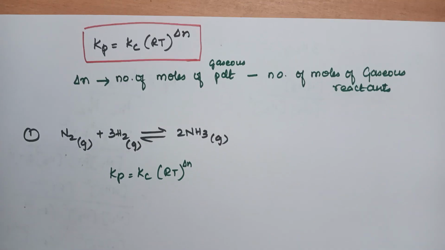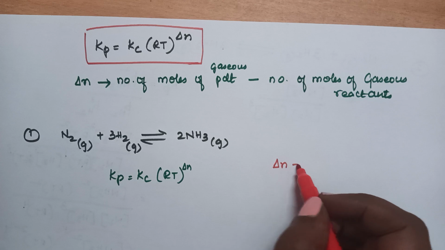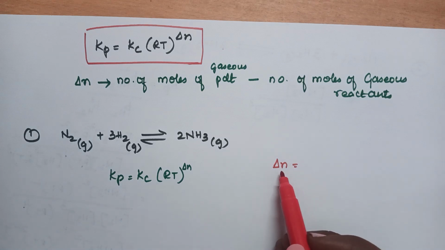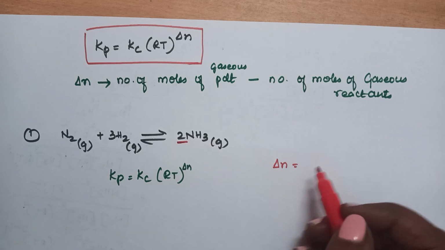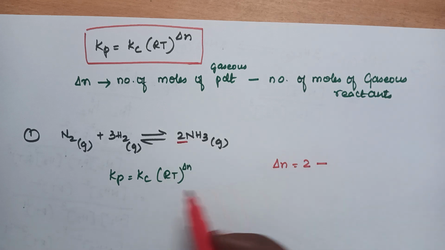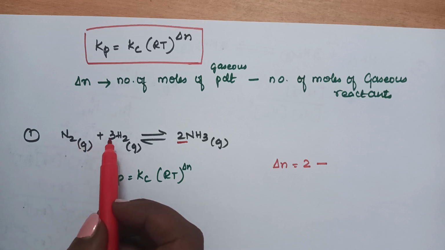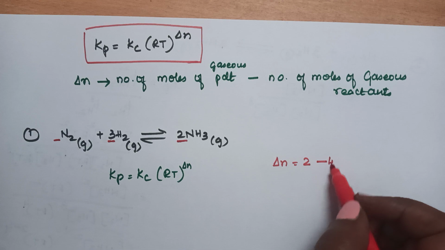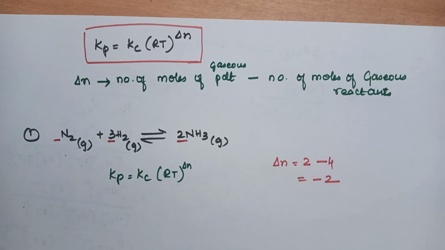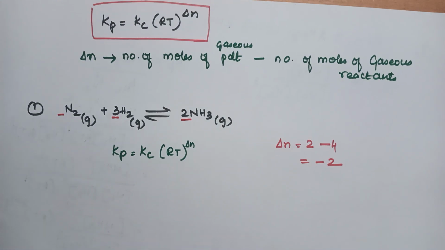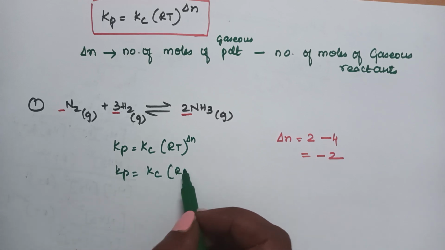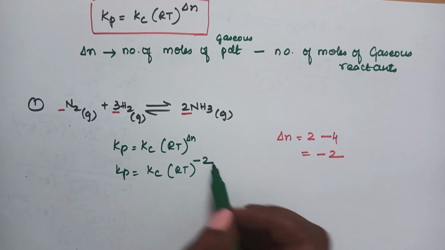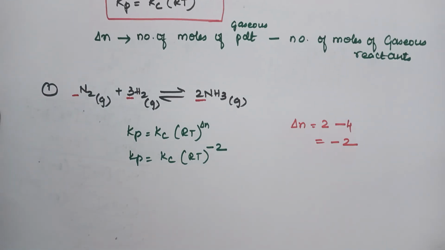So calculate delta n. Delta n is number of gaseous product moles, which is 2 moles, minus reactant, how many moles are there? 3 plus 1, which is 4. So this is equal to minus 2. So delta n is minus 2. You will get Kp is equal to Kc RT to the power of minus 2. So this is the equation.